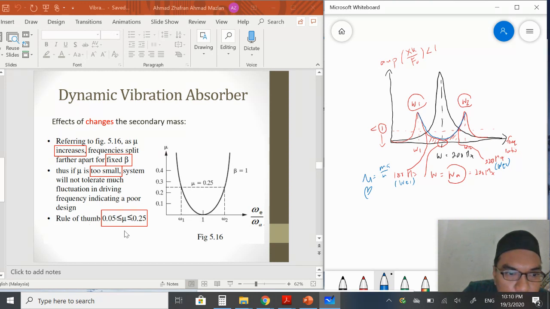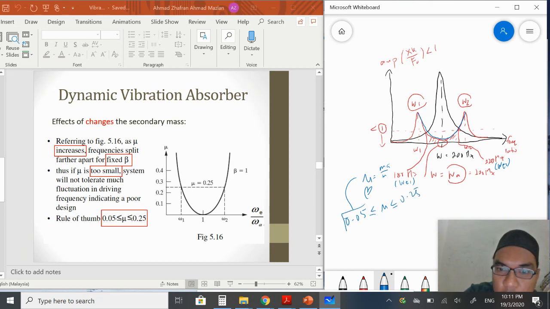So the rule of thumb is that we must design our mass ratio mu in this range, which is from 0.05 up to 0.25.